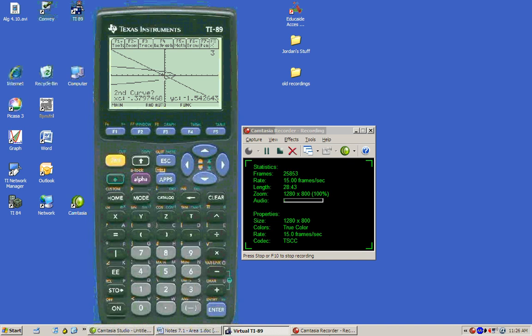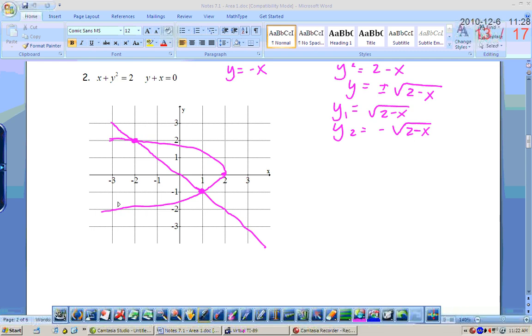So that's my second curve. Lower bound is to the left, enter, and then move over to the right for upper bound. Okay, so 1, -1. If you're stuck on the second curve, hit the up and down arrows. Okay, so this is what your graph looks like.